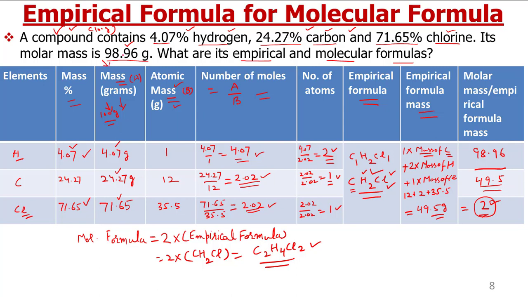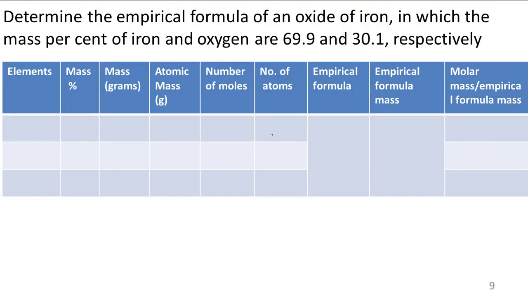It is up to you, but my suggestion is always write this, because it gives you the understanding of how it is done. But if we need to save some time in the exam, we can skip this column and directly calculate the number of moles by dividing mass percentage by atomic mass. So let us do the next numerical.